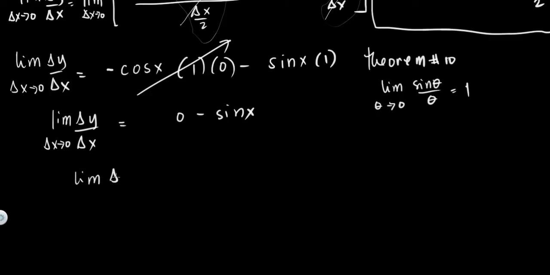So, the limit of delta y over delta x as delta x approaches 0 is equal to negative sine x. So, this is the dy over dx or the derivative of the cosine is negative sine of x.